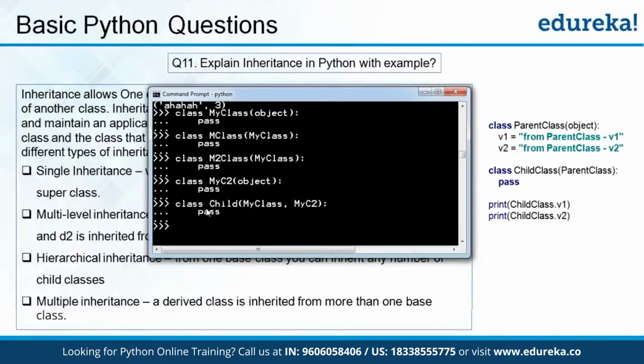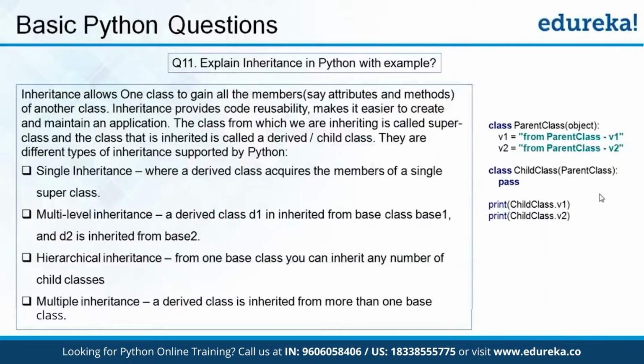Something like this. So the child will derive from two different superclasses as such. Are you clear as to what exactly inheritance is? So you've got an example here, v1, v2, child class, parent class, pass, and v1 and v2. So this is basically what you mean by inheritance in Python.